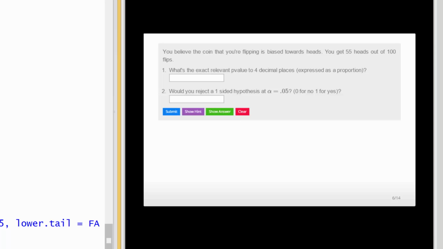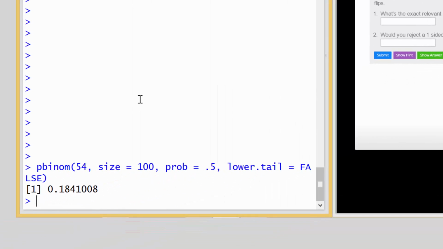Now, let me just show how you could do the same calculation, or a similar calculation, using the normal approximation, right? So we know for the normal approximation that the sample proportion p hat is normally distributed with a mean of p and a variance of p times 1 minus p over n.